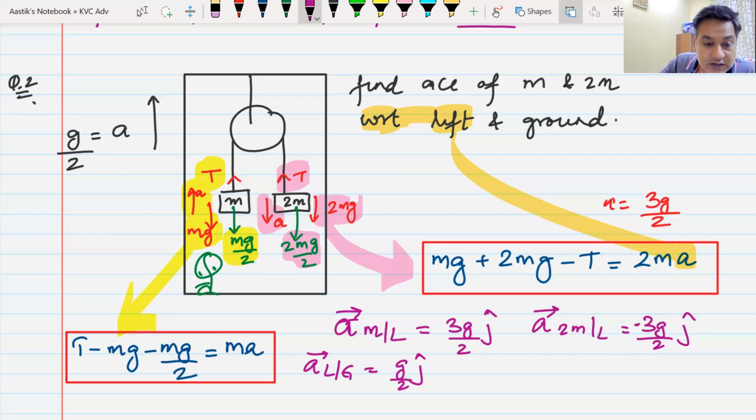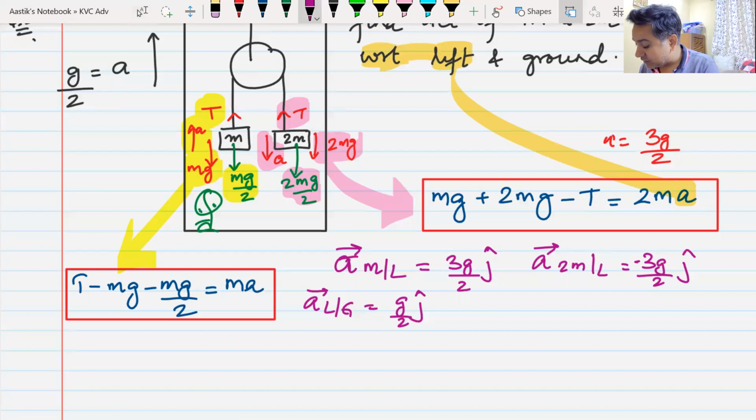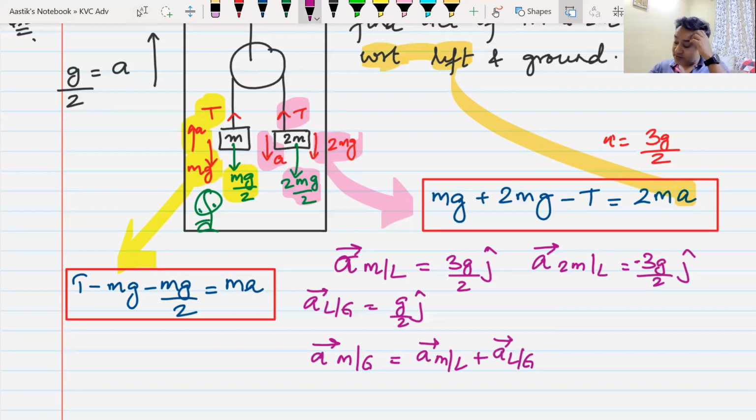Now if I have to find out the acceleration of m with respect to ground, now this question is very unlikely to come. I find the acceleration of m with respect to lift and add the acceleration of lift with respect to ground.